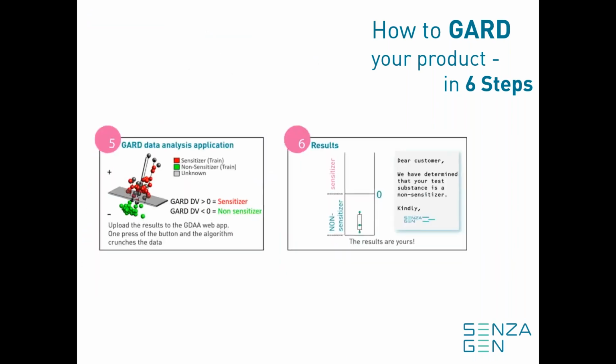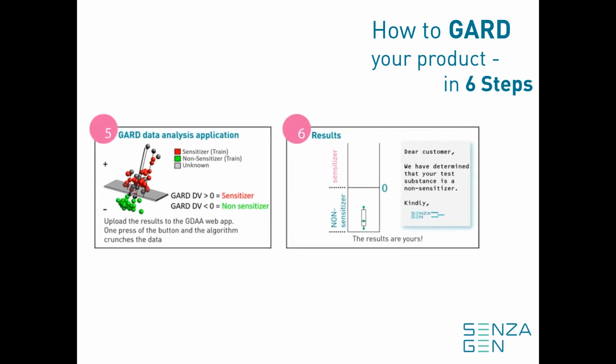This raw gene expression data from the unknown testing compound is then uploaded into an online application. In this online application, we have implemented a prediction model that is based on pattern recognition. The specific pattern recognition algorithm that we use is called support vector machines.